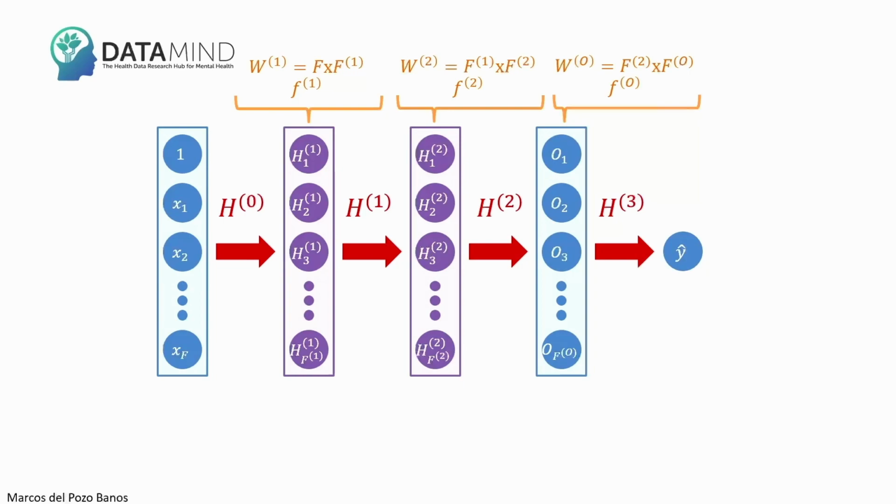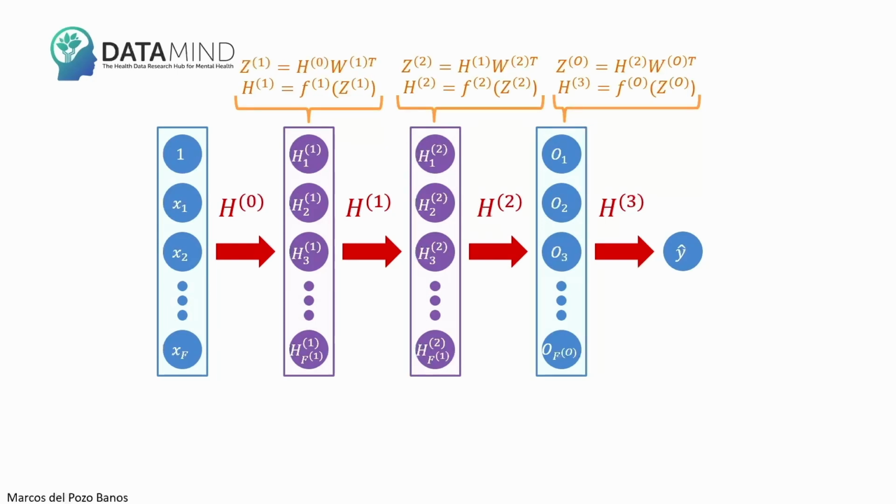Therefore the input of the second hidden layer is the output of the first hidden layer, which means that the number of inputs of the second hidden layer equals the number of outputs of the first hidden layer. And that's what we see here.